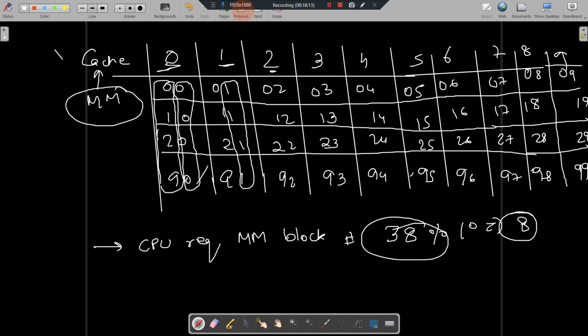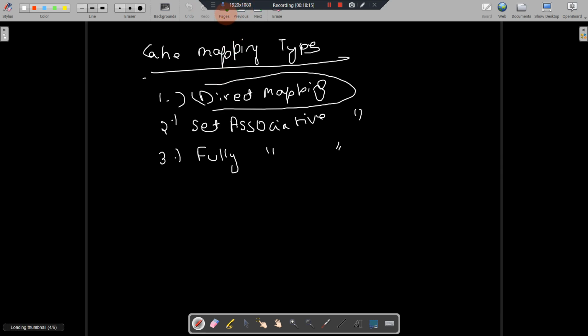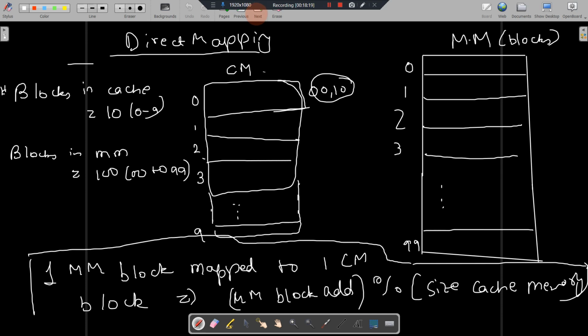So we will use their MSB bits as a tag, like an Aadhaar card, a unique identifier. For example, in this 0th cache memory block, 10 is kept right now. So we will keep the MSB bit 1 as its tag bit. As we know, it is unique.